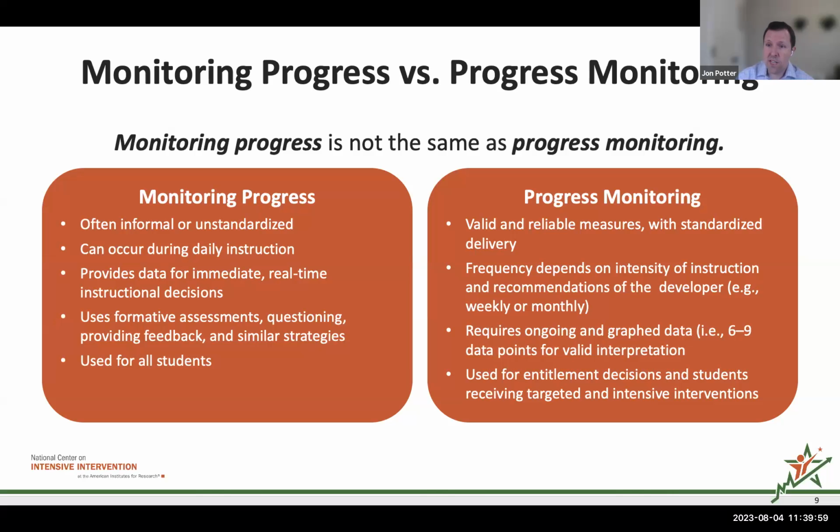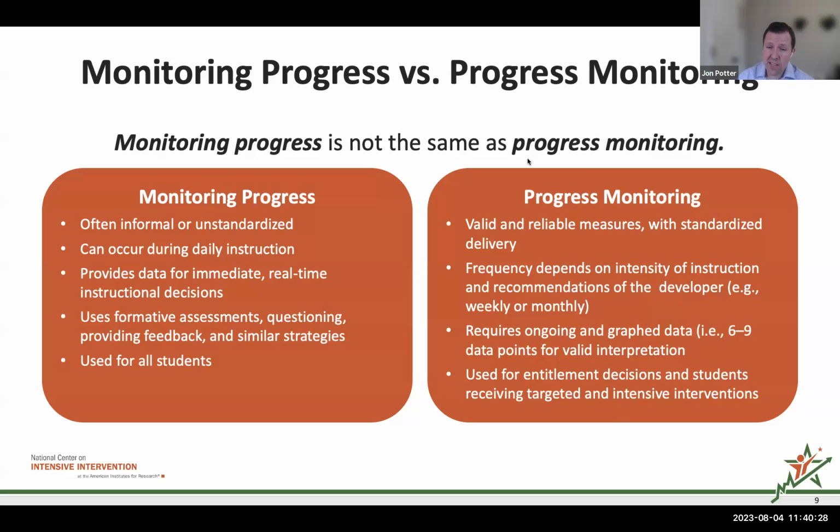For kids that have more intensive needs, at that more tier 3 individualized level, we're probably going to be monitoring kids weekly because we want to make sure that we're not losing any time. For kids in tier 2 interventions, that may be a monthly check-in, maybe bi-monthly, so twice a month. But part of that, again, is also driven by the test developers' recommendations about how frequently those should be given.